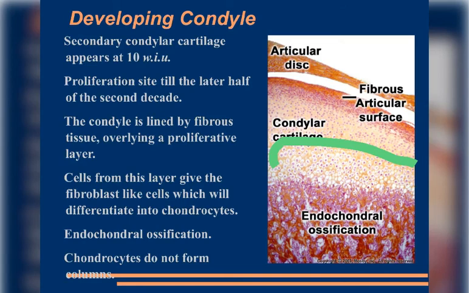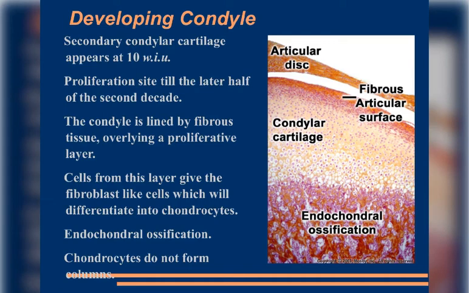We have the hypertrophic cartilage zone. We have a little bit of calcified cartilage zone that's just before being replaced with bone, but it's not a thick layer like in the adult condyle.